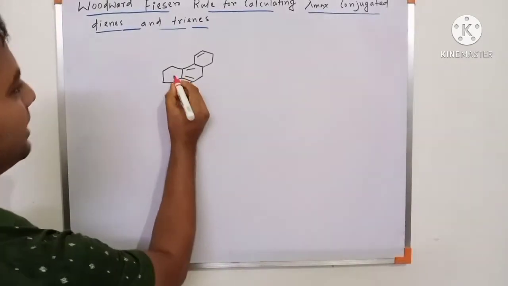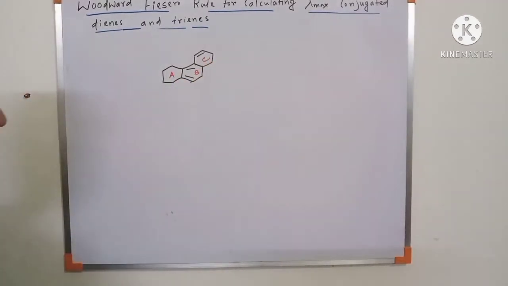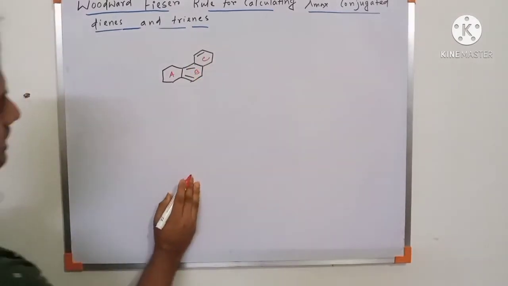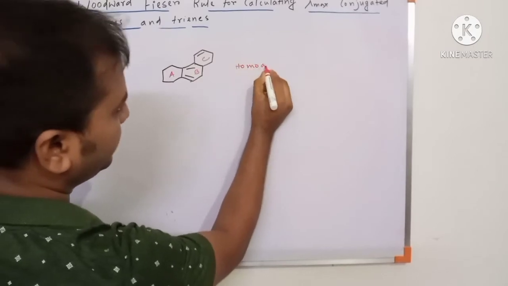Suppose this is ring A, this is ring B, this is ring C. Ring B has 2 double bonds conjugated in the same ring, so this is a homoannular diene system.